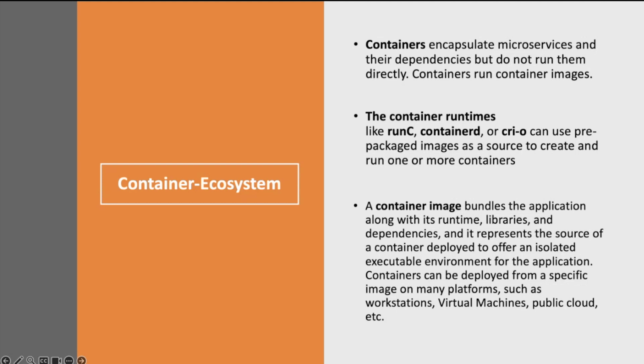All of these are bundled together in the form of a container image. In the old technology, if you think about it, it's the hard disk of your container. So these are the three main components which cover the ecosystem for a container.